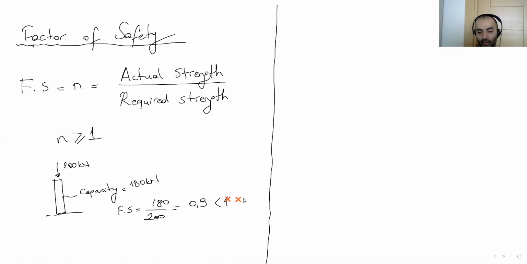That's okay. Here you can see we have 0.9. It doesn't work. Let's change the question. If the capacity is here, safety is 1.5.